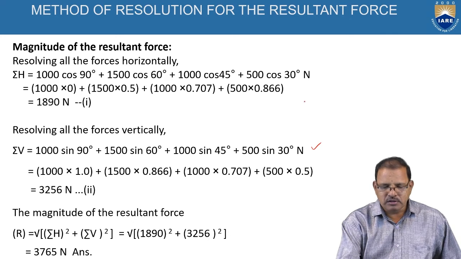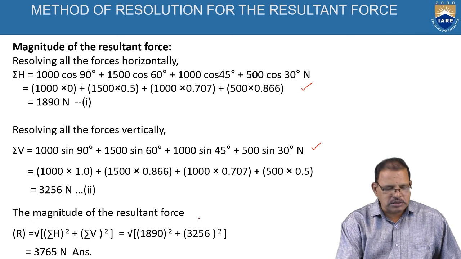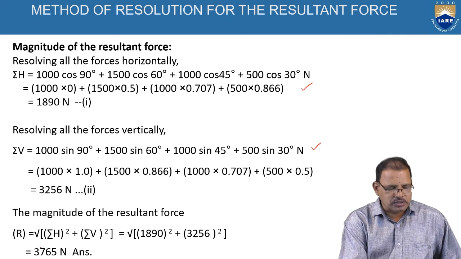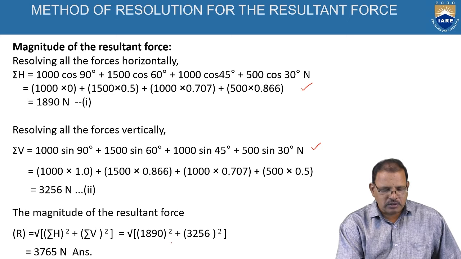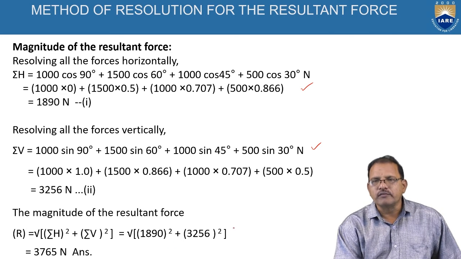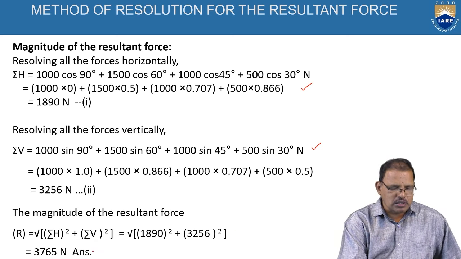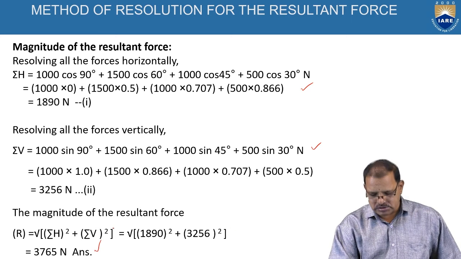With sigma V and sigma H, the magnitude of the resultant force R is equal to the square root of sigma H whole squared plus sigma V whole squared, which is equal to the square root of 1890 squared plus 3256 squared. We get 3765 newtons.